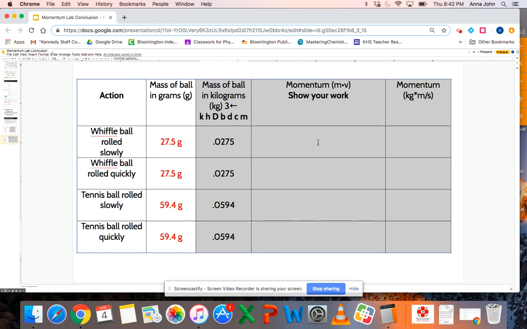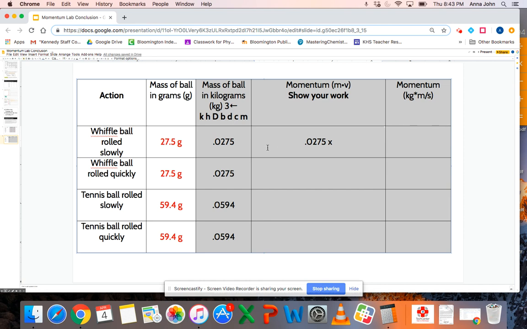Okay, now we're going to do our momentum calculations. And momentum is mass times velocity. So we're going to use our kilogram mass. That's why we converted it. Oh, sorry guys, 0.0275 times our velocity.